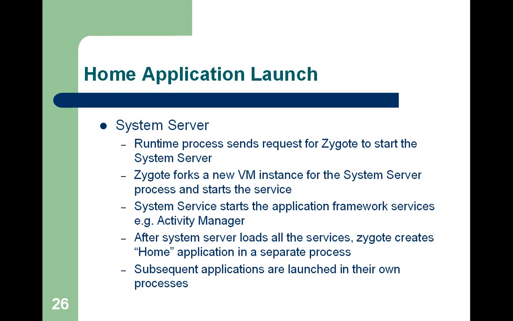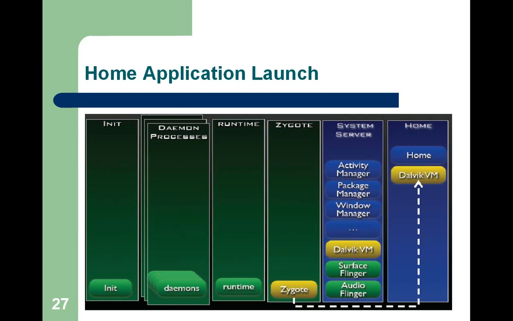So we have our init process, which starts the daemon processes, the runtime process, and the zygote process. The zygote process starts the system server with a separate Dalvik VM, and in turn all the services, activity manager, package manager, etc. And then it launches the home application.